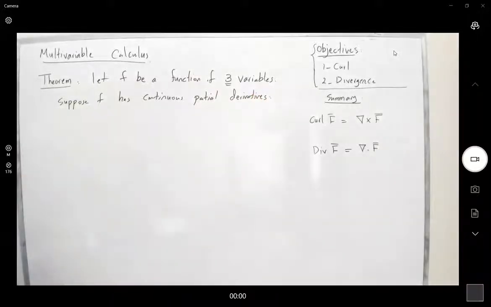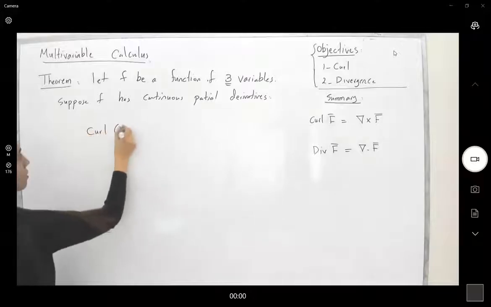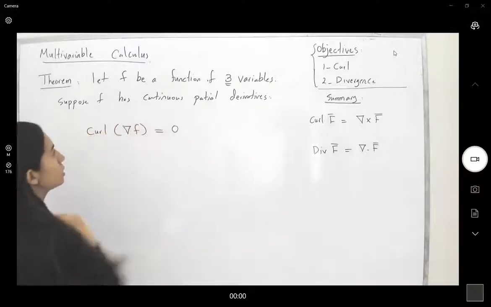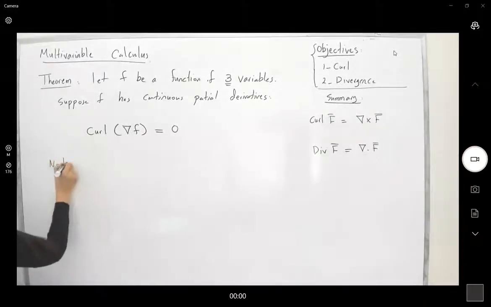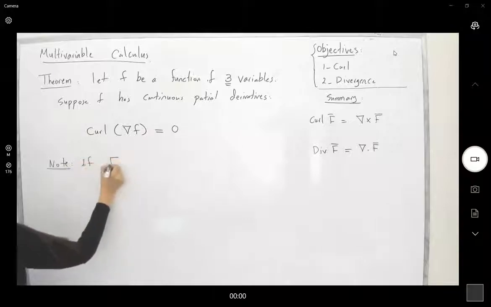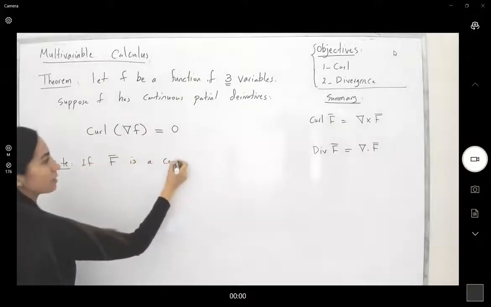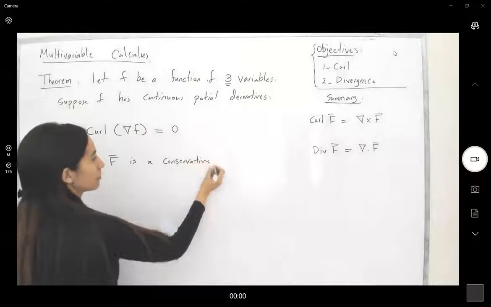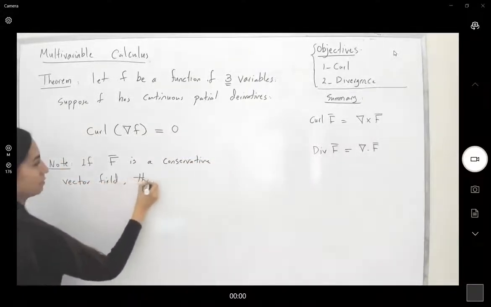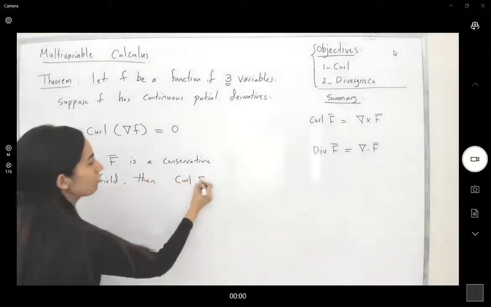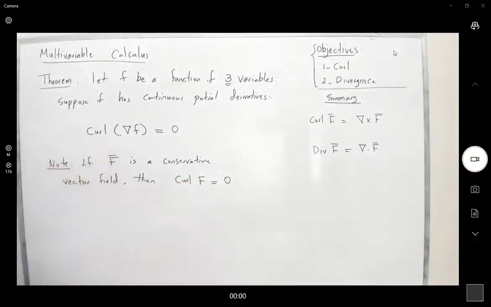Then we can say that the curl of the gradient of F is equal to 0. Note that if F is a conservative vector field, then the curl of F is equal to 0.